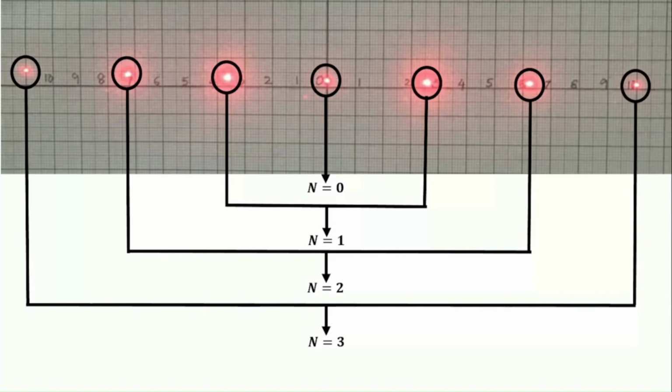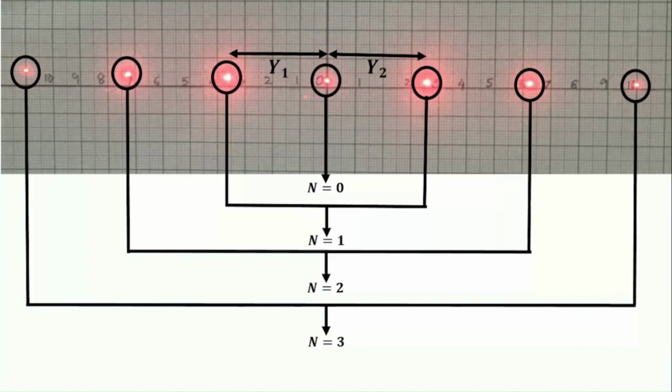As we have mentioned, we need to calculate the distance between the 0th order and the nth order. This is how we will be calculating the distance between the 0th order and the nth order on either side of the center maxima. We will be calculating the distance of the nth order on either side with respect to the center maxima.